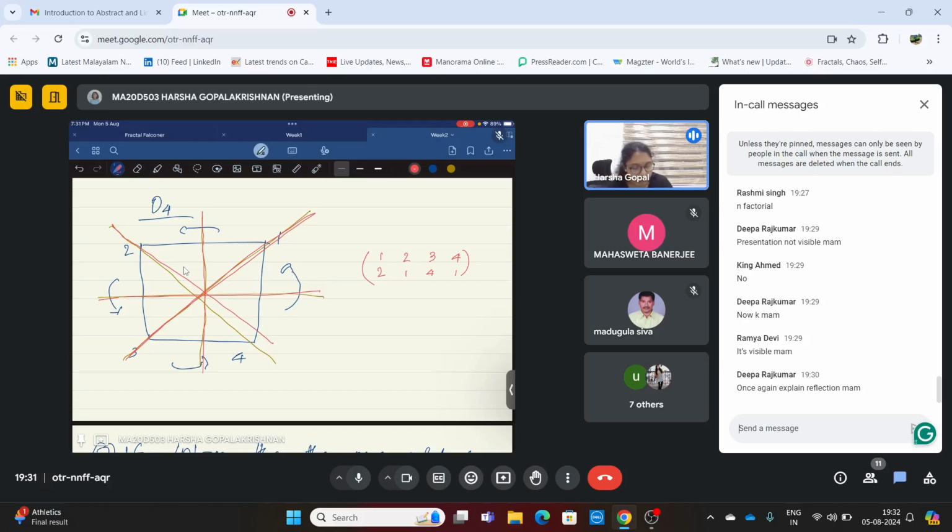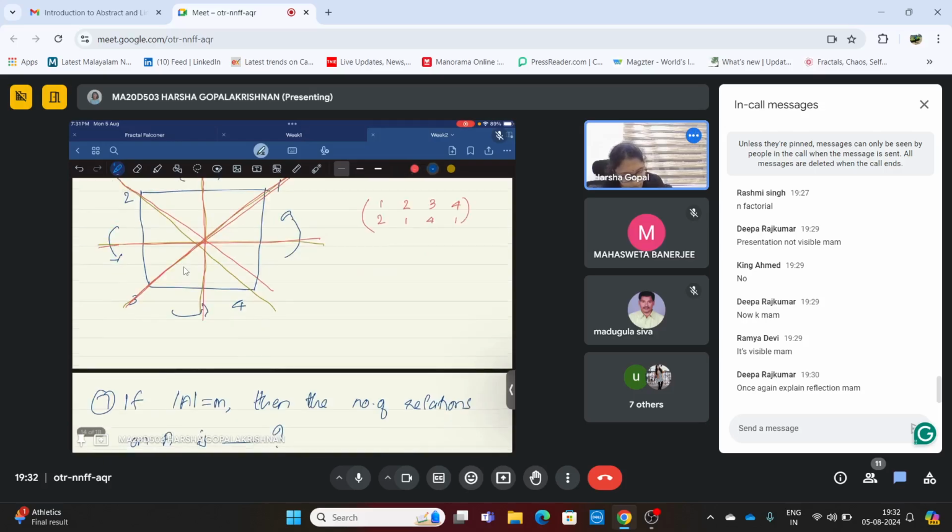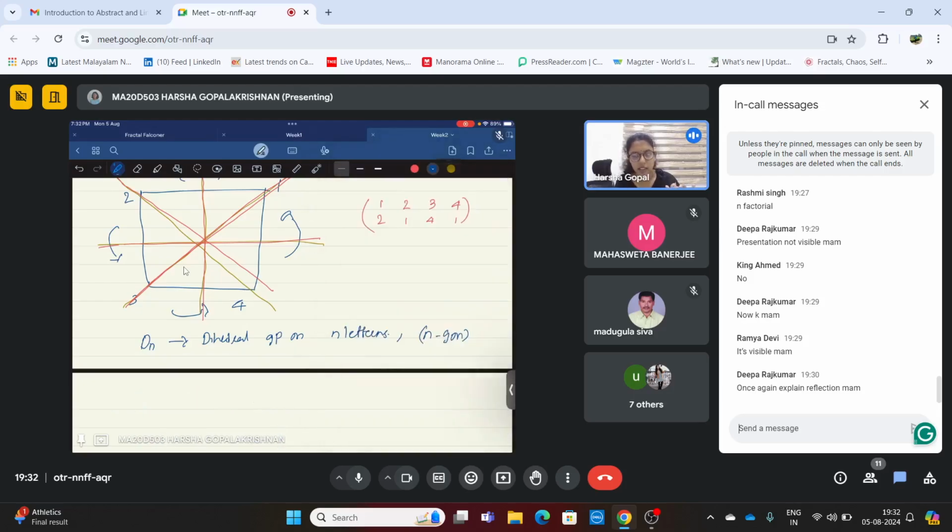Dn is the dihedral group on n letters, or what I can say is, for an n-gon, like we will say triangle for 3, square for 4 and pentagon for 5, like that for n we will take the n-gon, and all the rotations plus all the reflections, that is the nth dihedral group Dn. You don't need more than that, just understand that thing only.